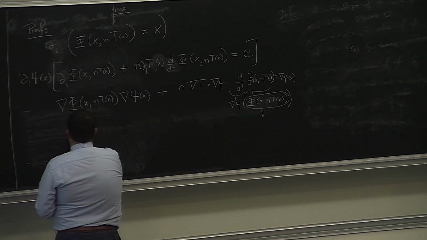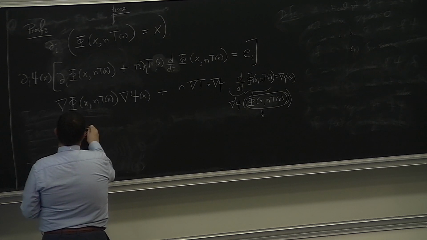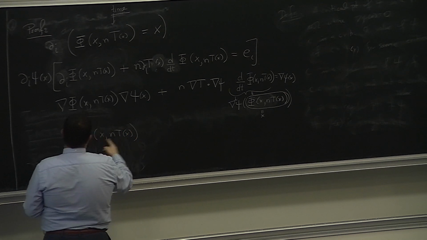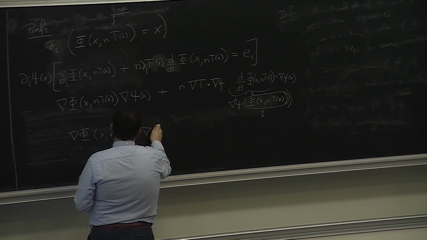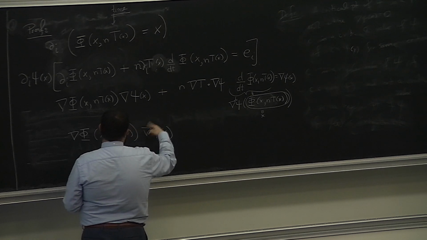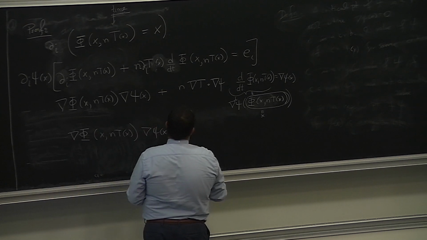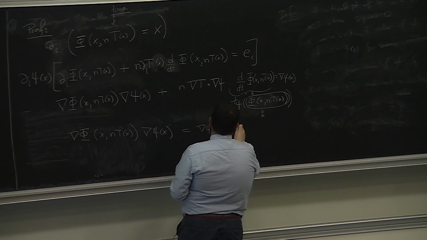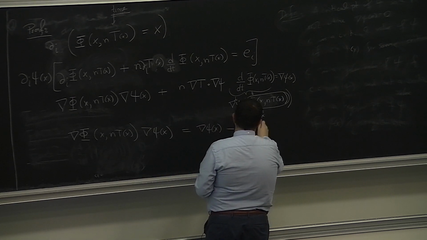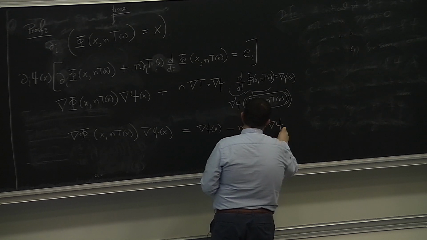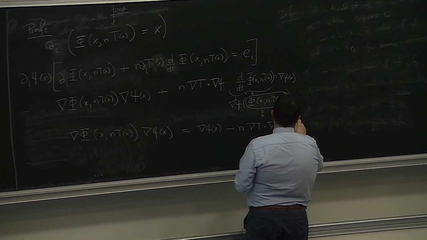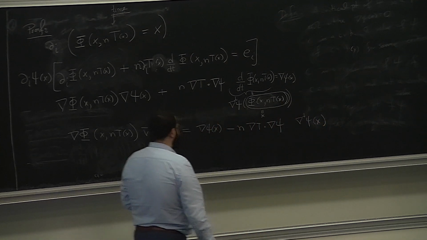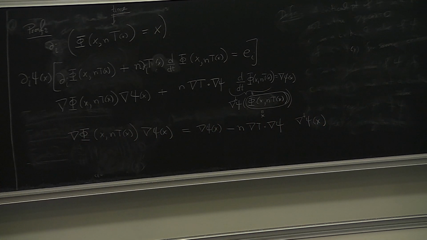And so you get that the gradient of phi at this time in this direction is just gradient psi minus n times something.